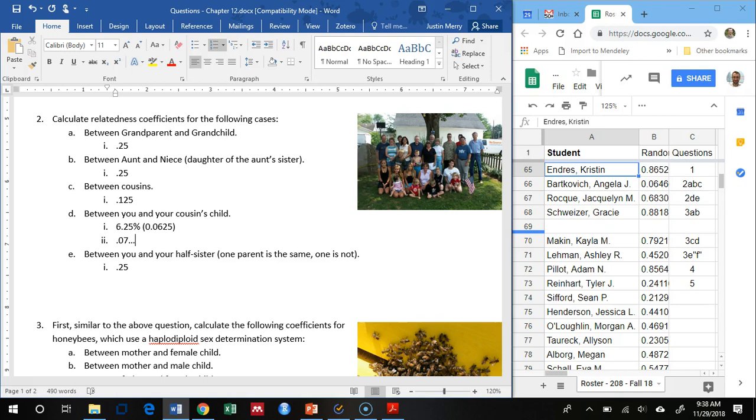Did I miss any? Yeah. So it's 0.5 to the fourth power. That would be 0.0625, which is 6.25%. I think that's right.